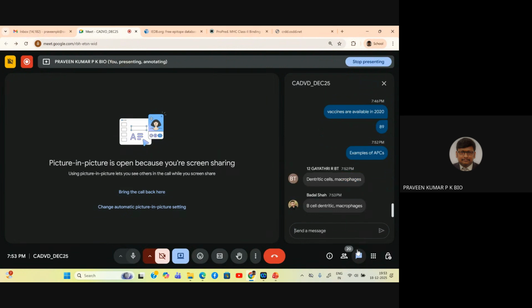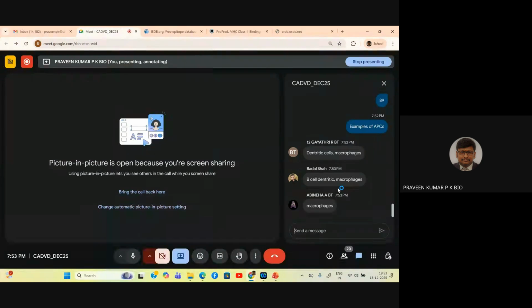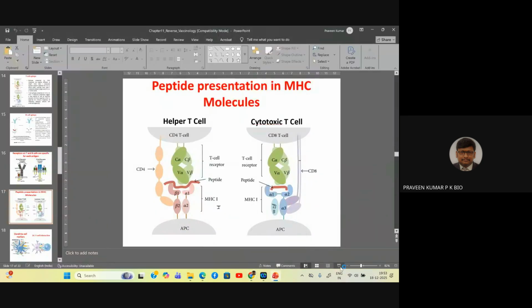Yes, very good. Dendritic cells, macrophages, B cells. Superb. He also brought the B cells. So all these cells, B cell, dendritic cell, macrophage, interact with T cell. And if this cell interacts with a T cell, the T cell gets activated. And one T cell is going to proliferate into two T cells.